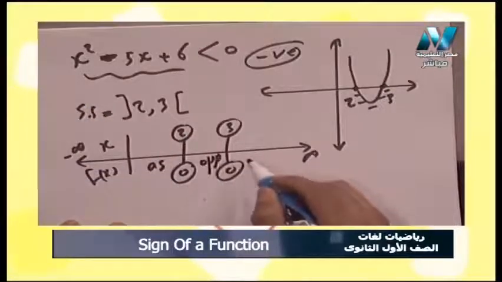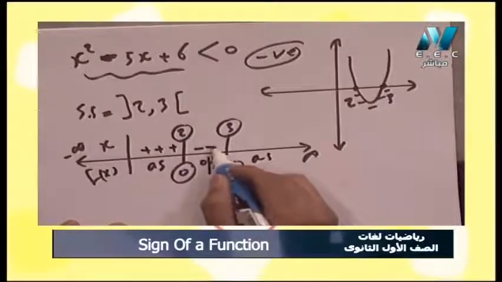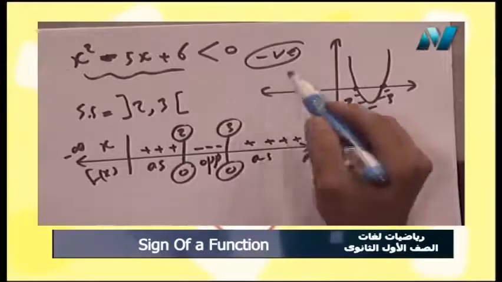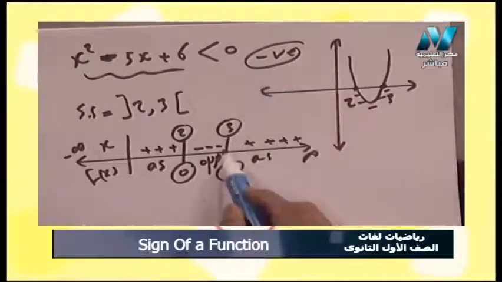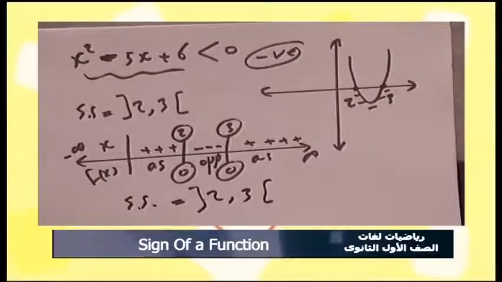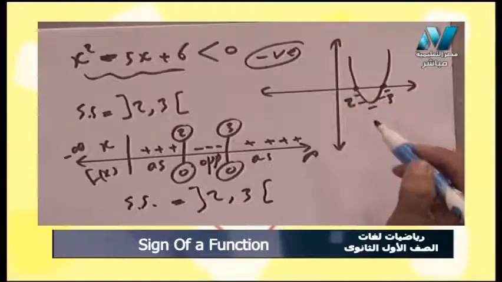So it's positive here, negative here, and positive here. We would like to find the negative part, which is between 2 and 3. So the solution set, as we said before, is open at 2 and open at 3, because at 2 the function is 0, not negative.